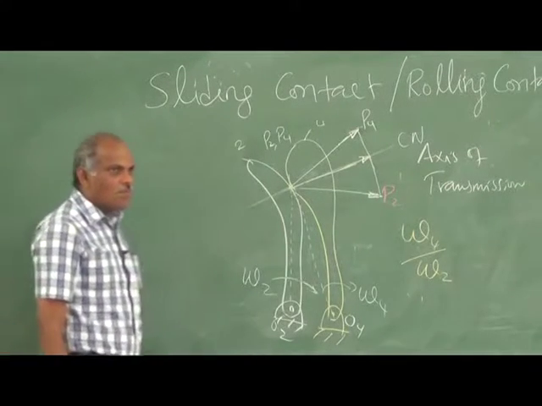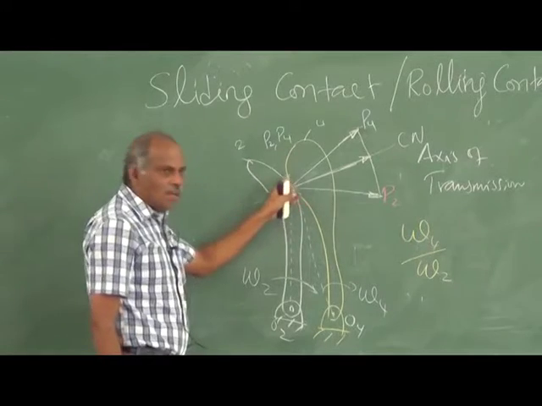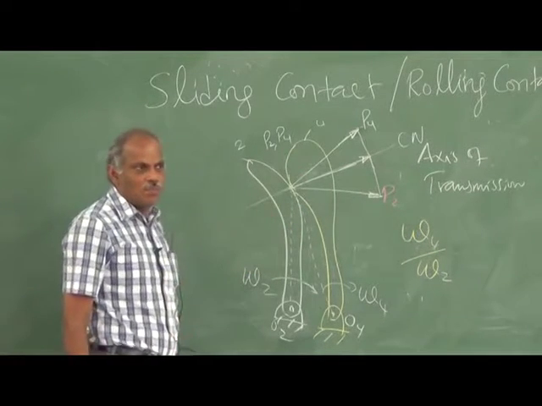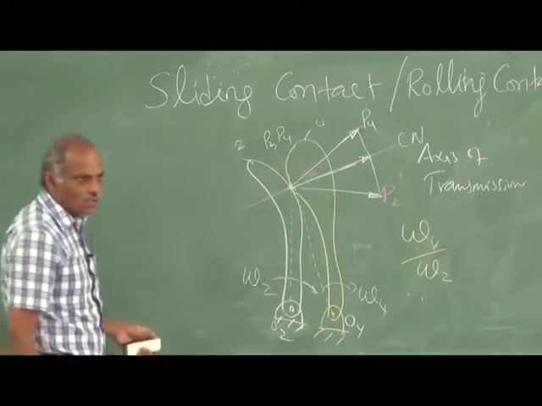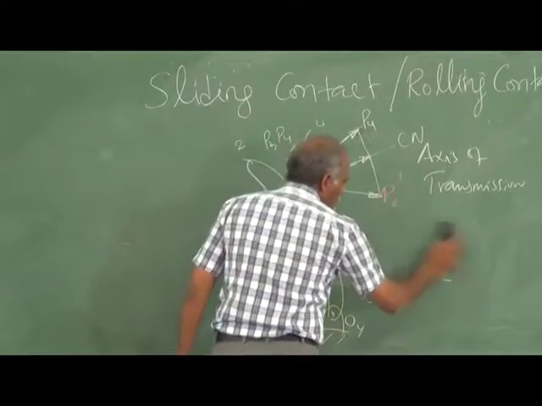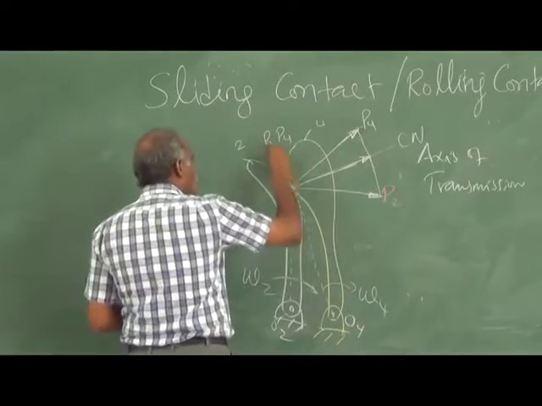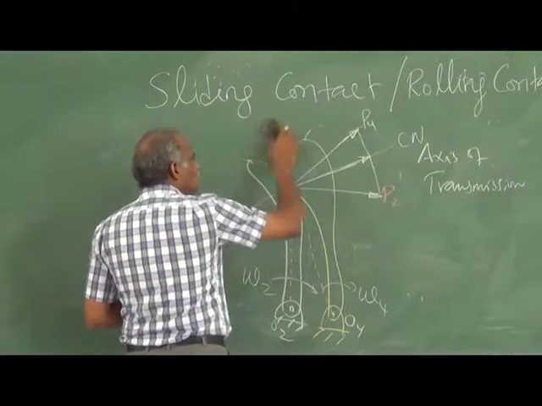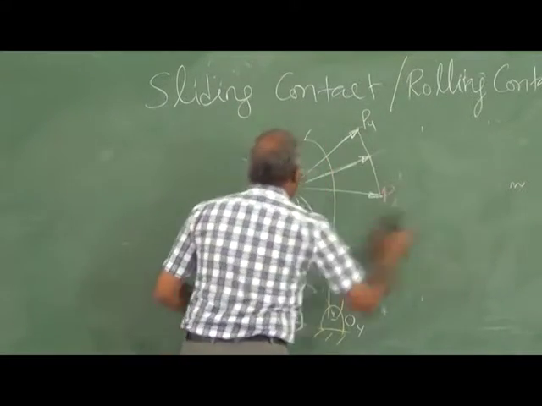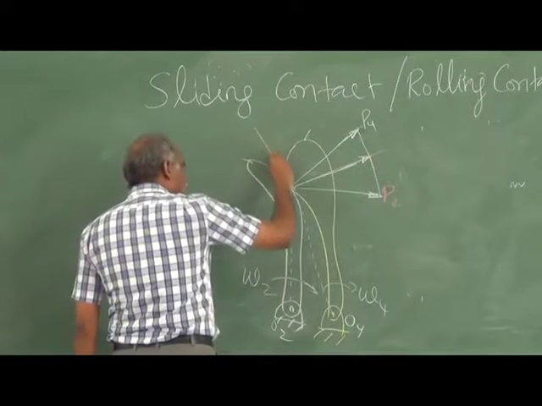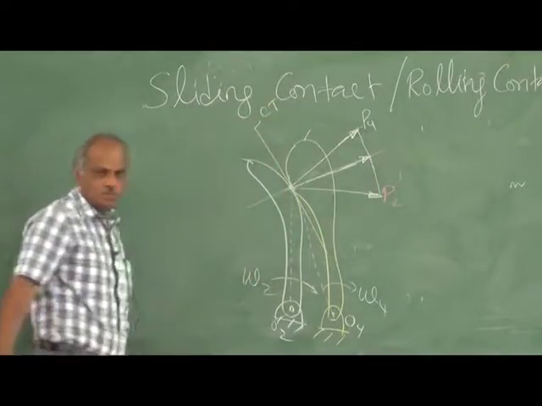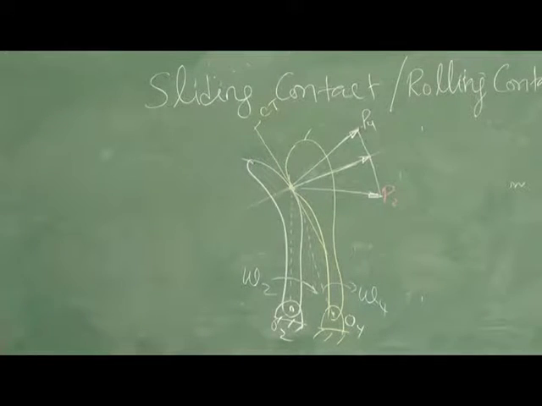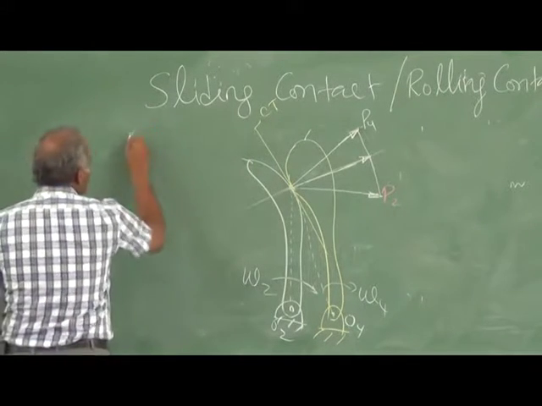But today we look at the other axis, that is the perpendicular axis, the axis which is perpendicular to the axis of transmission. So you can think of a common tangent. This common tangent is called the axis of slip.